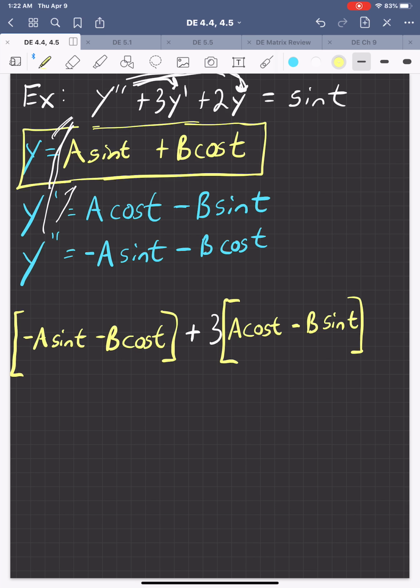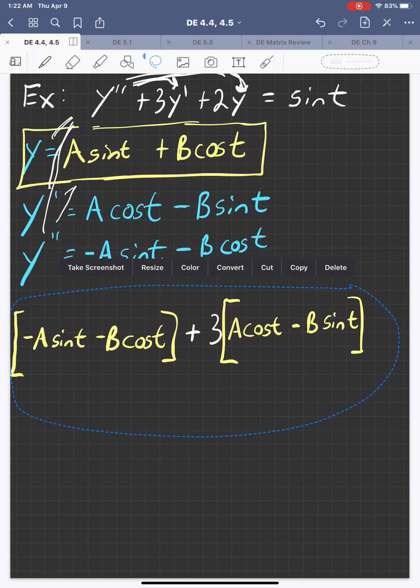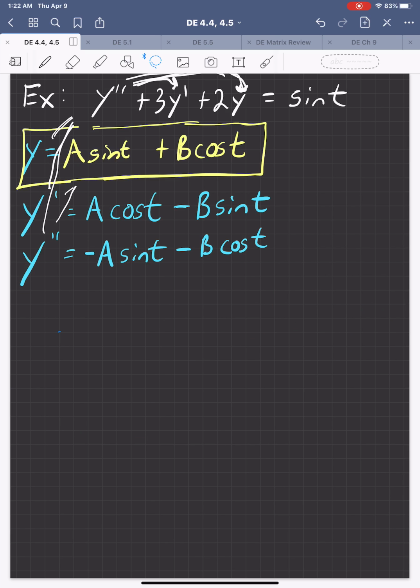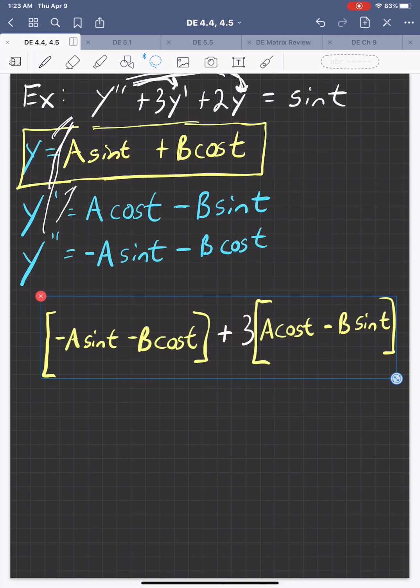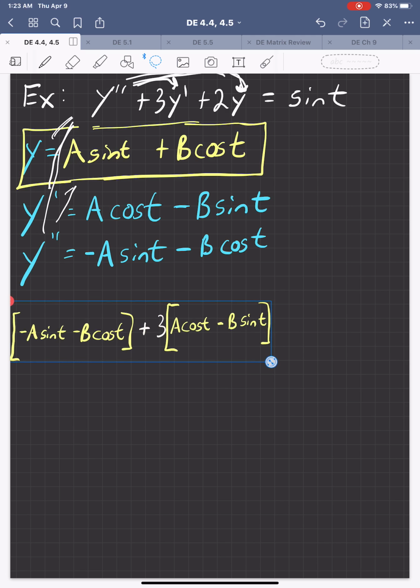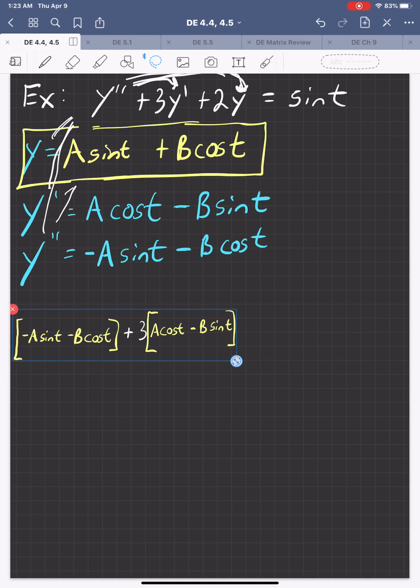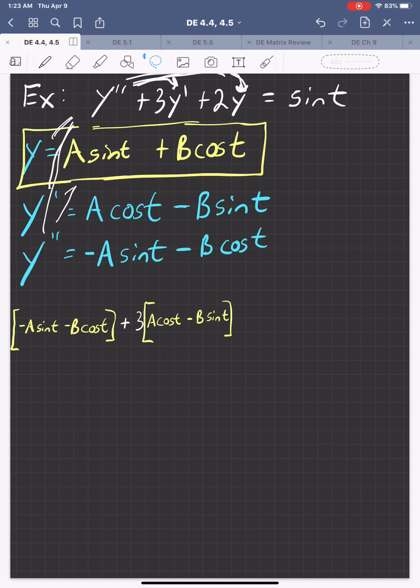Bear with me, because I'm going to see if I can make this work here. If I cut that and paste it and make it a little bit smaller, hopefully you can still read that. Let's keep going. That's going to be plus 2 times, and now let's plug in y.